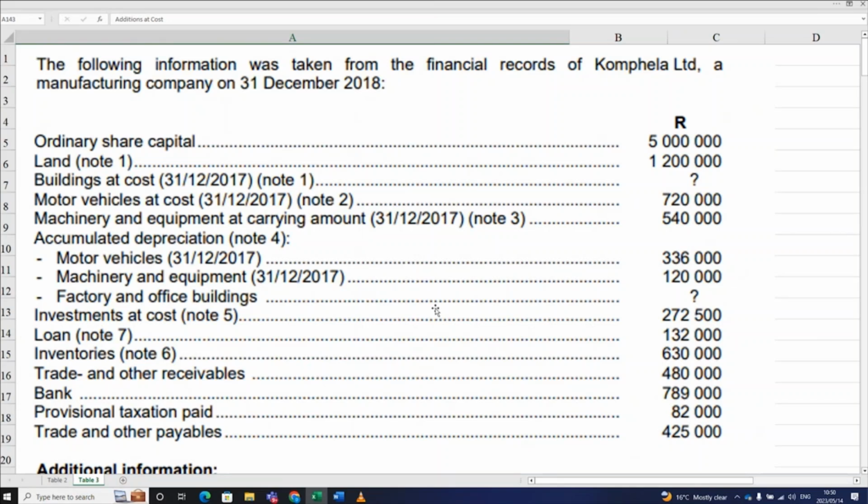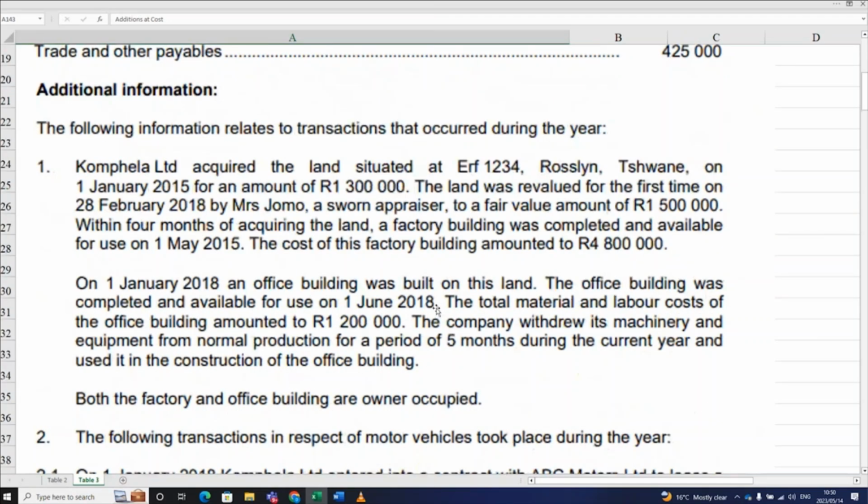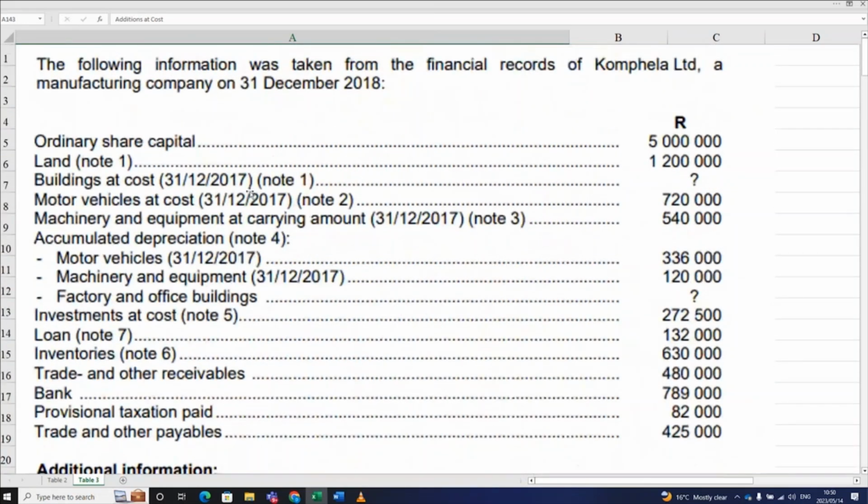And then we have the notes, the additional information. Even in this layout, you want to take note of the date when this information has been given to you, because sometimes they give you a carrying amount at a different date. If they say all of this information is on the 31st of December 2018, not all of the items are already at the end of 2018.